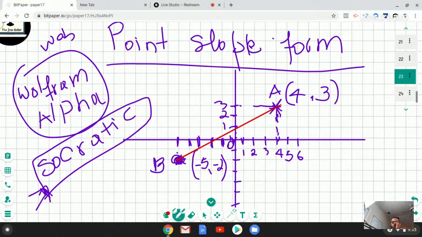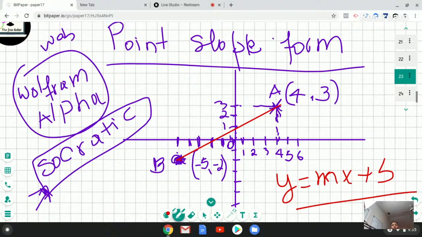Now, normally when they write equations, how do you guys normally see it? It's the stuff that people talk about a lot: y equals mx plus b. That's what you normally see in your algebra book, mx plus b. If we wanted to know y equals mx plus b, which we're going to solve at the end, we can do that.